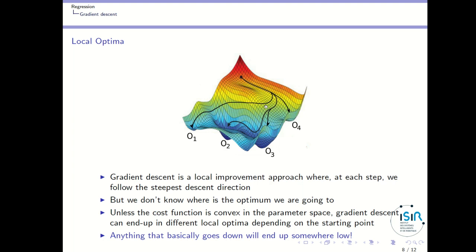So the only thing that you can say about gradient descent is that if you go down, you will end up somewhere low, but you don't know where in advance. That's important, and this will explain a lot of the technicalities of advanced methods of local gradient descent techniques, where you want to find a better local optimum than the one that you would get using standard gradient descent.